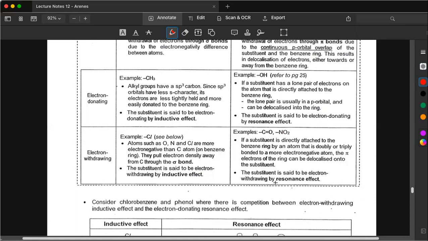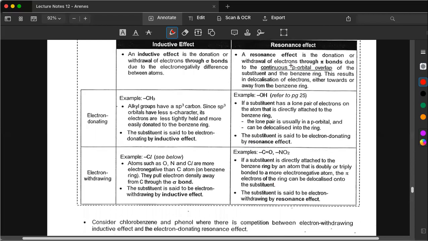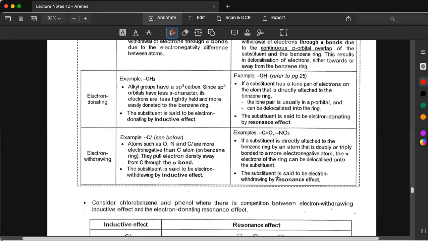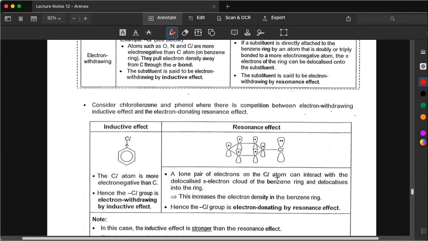You know what I mean? So it's actually the electron can move towards this substituent through the pi electron system, through the pi bonds in the p orbital overlapping. So the substituent is said to be electron withdrawing.